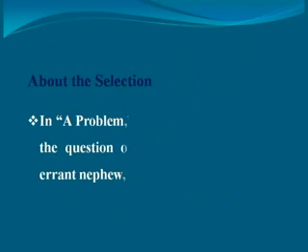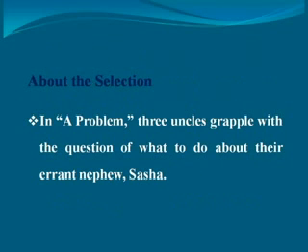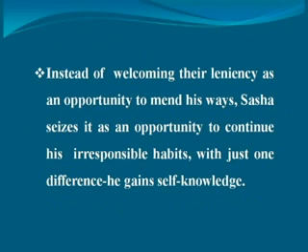About the selection. In A Problem, three uncles grapple with the question of what to do about their errant nephew, Sasha. Instead of welcoming their leniency as an opportunity to mend his ways, Sasha seizes it as an opportunity to continue his irresponsible habits.